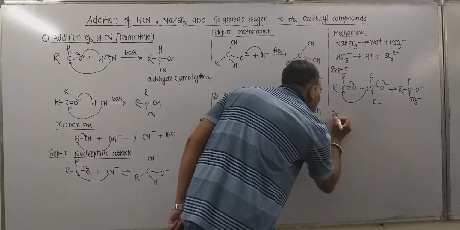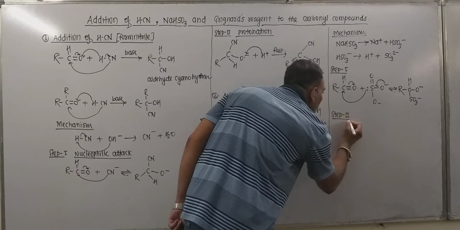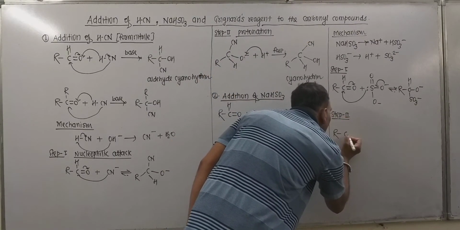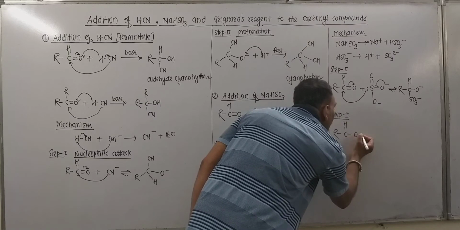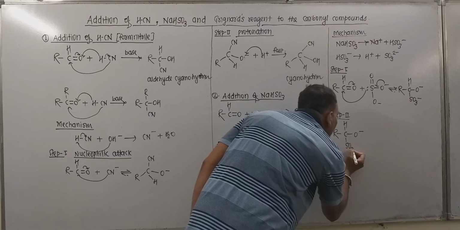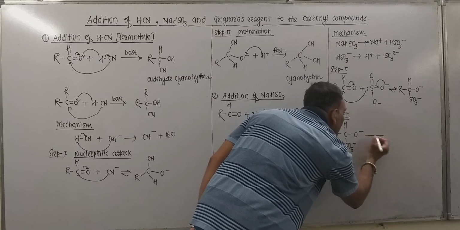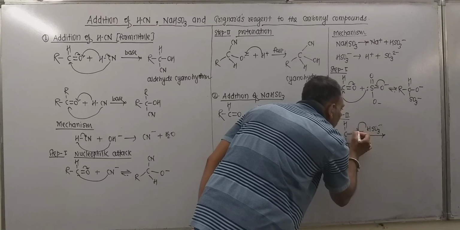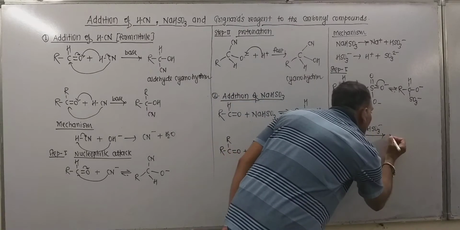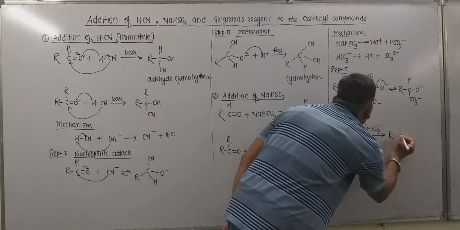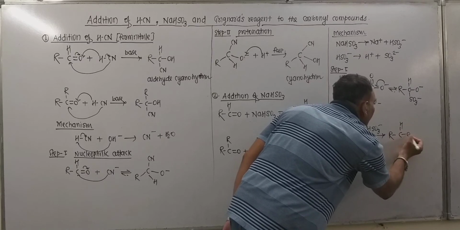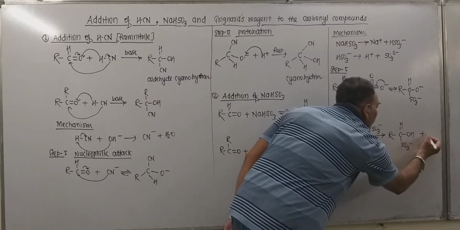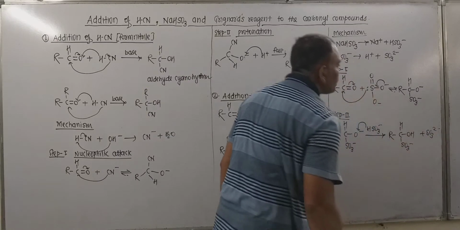Now in the very next step, step number 2, is the protonation step. Thus the intermediate obtained in the very first step gets protonated ultimately in this way. So with HSO3 minus, protonation takes place like this and this leads to the formation of an addition product which can be given as, along with SO3 2 minus.